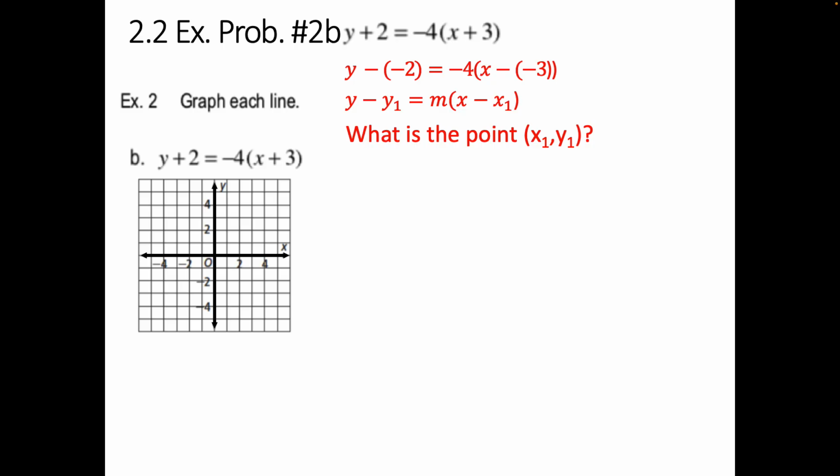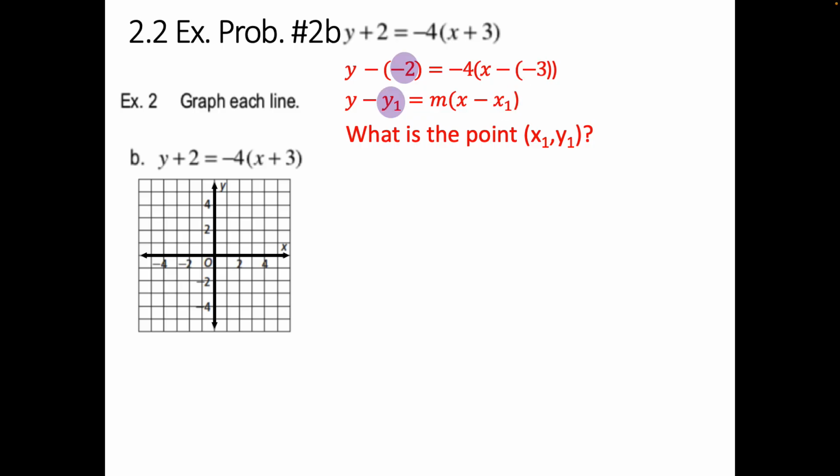And now that we have it in this form, it should be really easy to see that x1 is negative 3. Because it's x minus x1 and x minus negative 3. So that's why we made it minus negative, because now it's really easy to see that x1 and negative 3 are in the same place, just like y1 and negative 2 are in corresponding places.